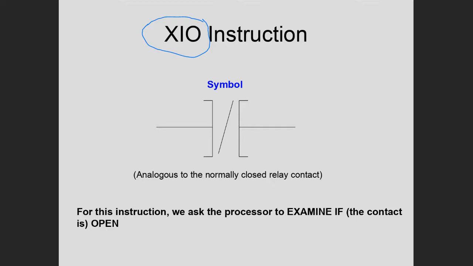If I have an open switch connected to a screw terminal on the PLC, then in the bit position that is mapped to it, remember, a closed switch will store a 1, an open switch will store a 0. So if there's an open switch, there's going to be a 0 in that cell. This is actually looking for a 0. If this one sees a 0, it's going to be true. The examine if closed is looking for a 1 in order to be true. The examine if open instruction is looking for a 0 in order to be true.